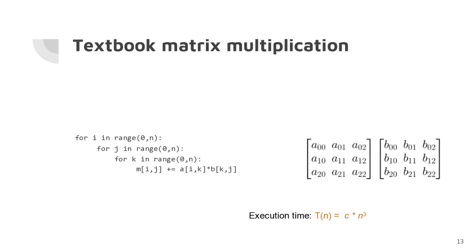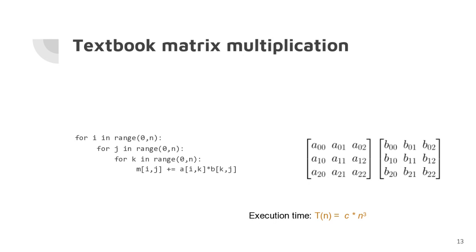So first you have to loop for e in the range 0 to n. We assume there are n rows. Then you loop for y, which is the column index, from 0 to n again. So that's n times n loops you are doing.